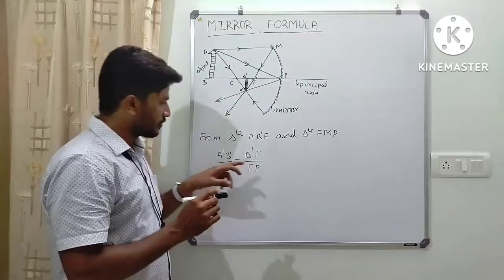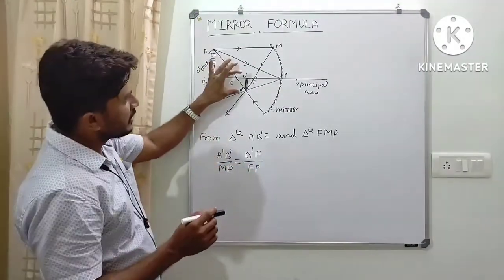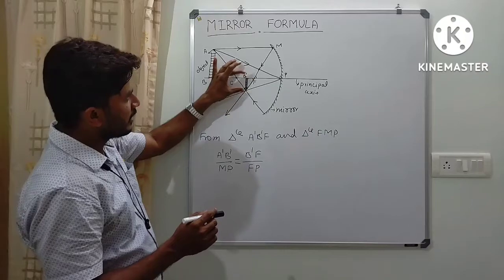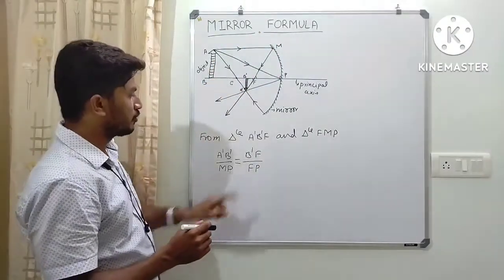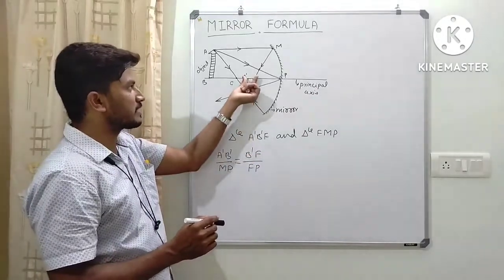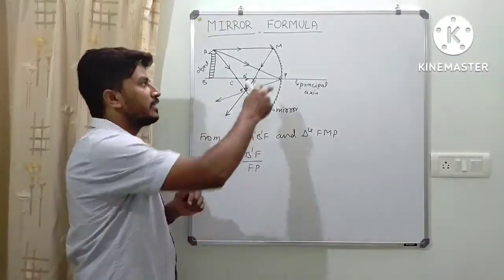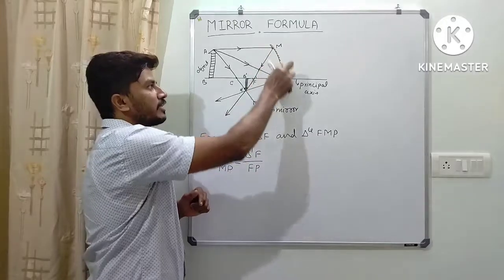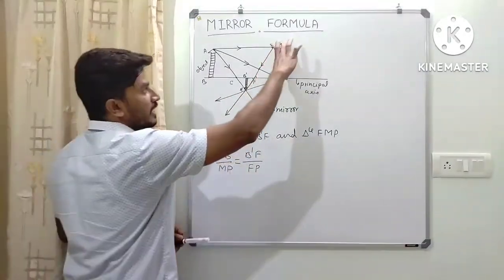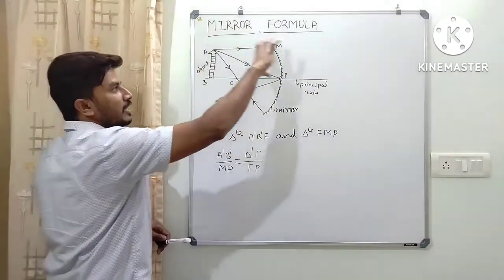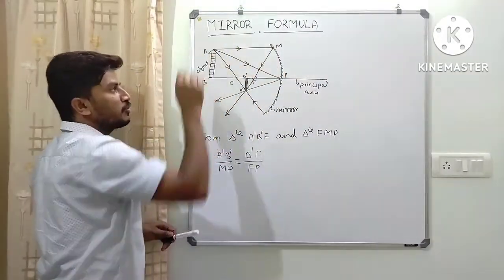Observe carefully. A dash B dash, the height of the image, divided by this height MP, is equal to B dash F, the base of this triangle, divided by the base of this triangle, FP. Now observe here, MP is nothing but AB. The MP height is almost equal to AB.